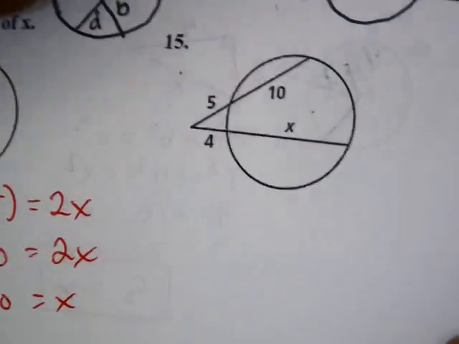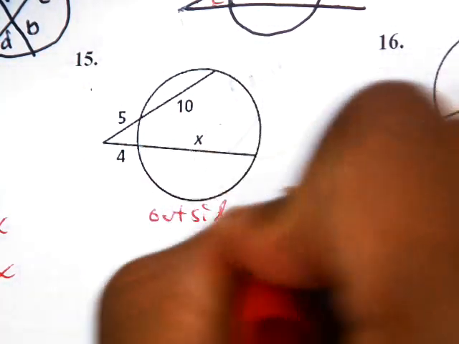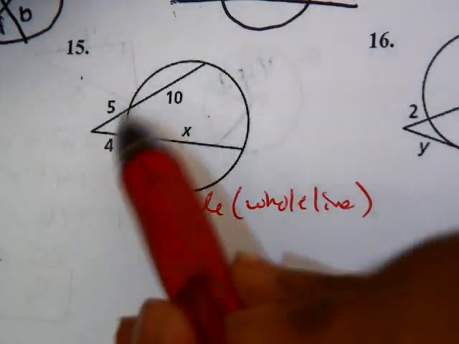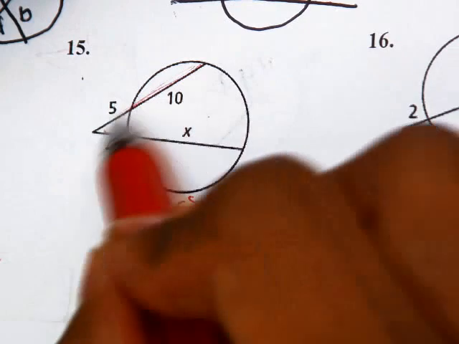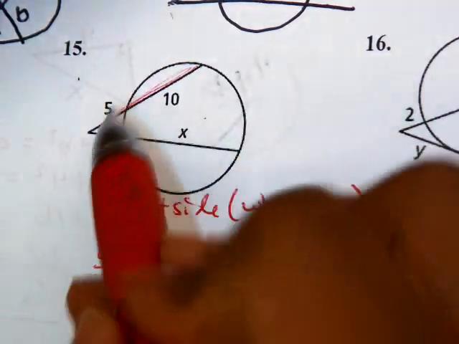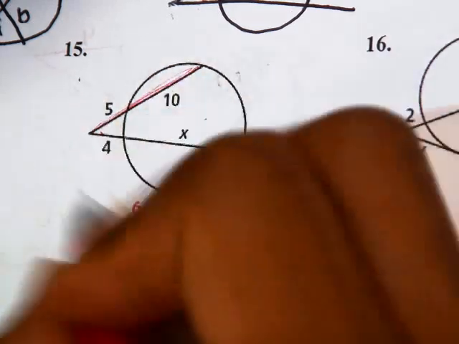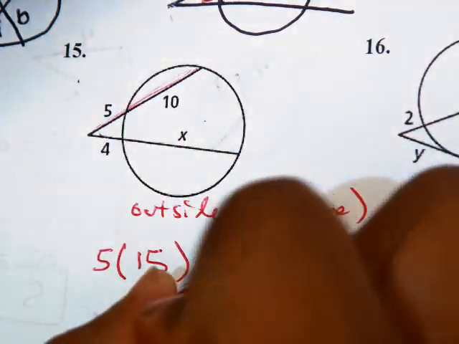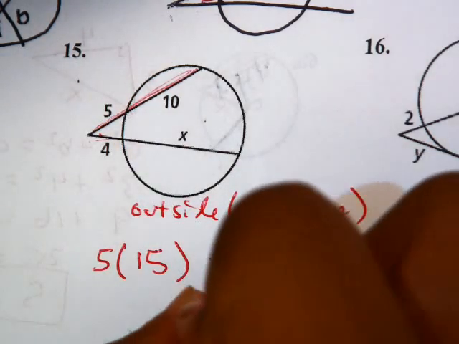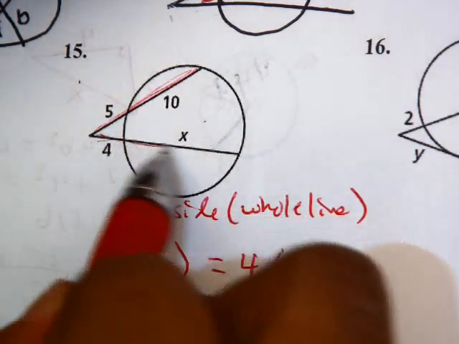So the next situation, again, I'm going to take the outside times the whole line. So the outside part for this secant line is 5. The whole line is 5 plus 10, makes 15. That should equal the outside part here, 4, times the whole line.